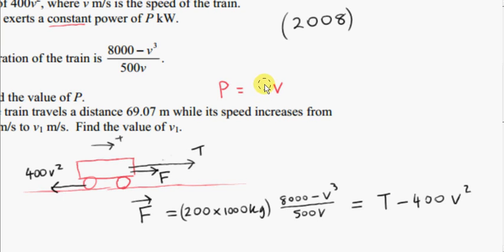But here the force in question is T. We're dealing with the power of the engine, so we need to consider the force on the train due to the engine. That's T, the traction or tractive force. So if we go back to the idea of work, it's the work done on the train by the engine. So we have to consider the power done on the train by the engine, by this force T, not by the resultant force.